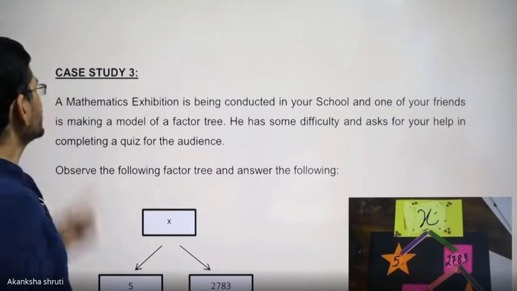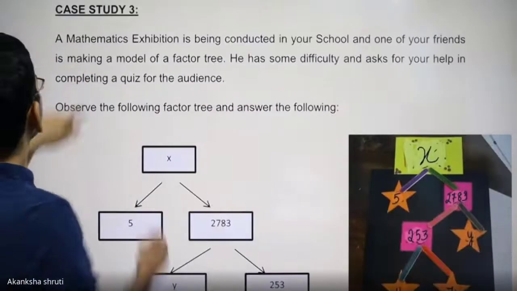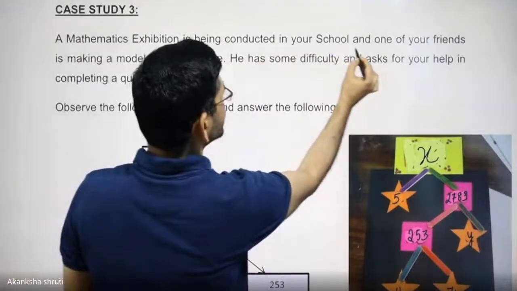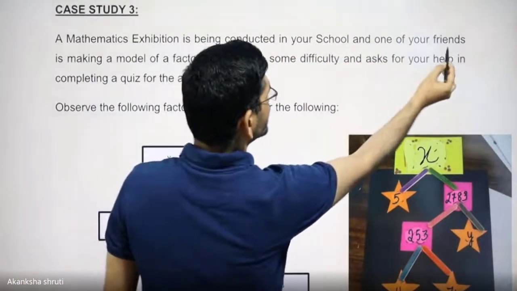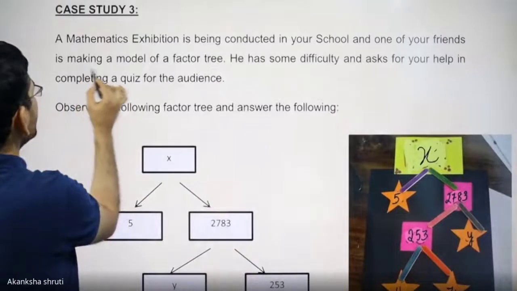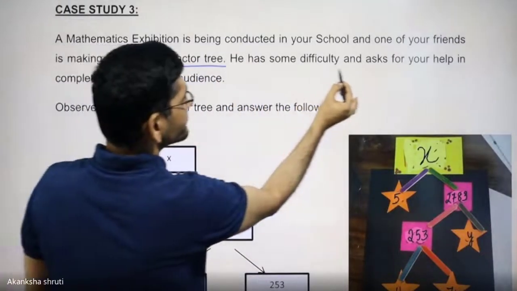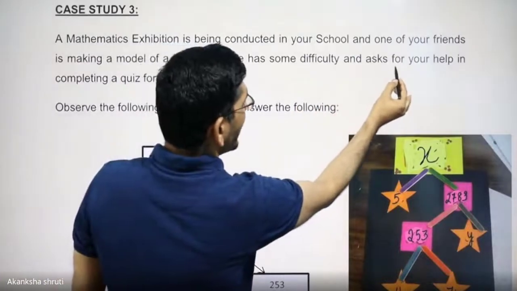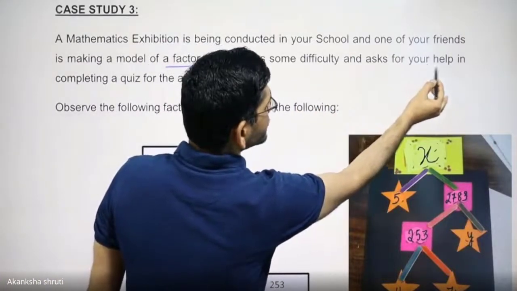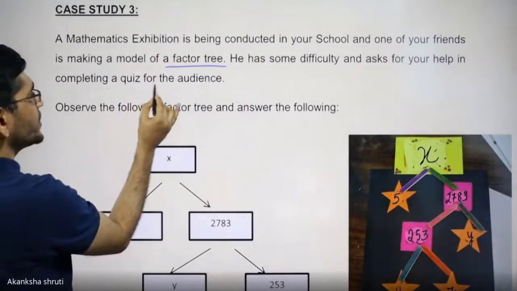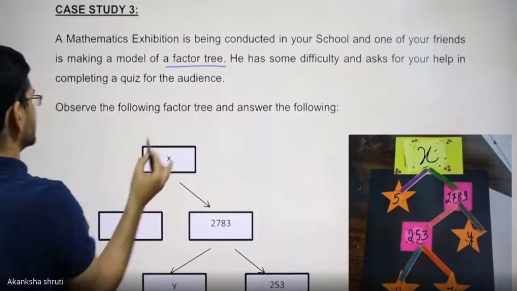Students, let us come to case study 3. A mathematics exhibition is being conducted in your school and one of your friends is making a model of a factor tree. He has some difficulty and asks for your help in completing a quiz for the audience.